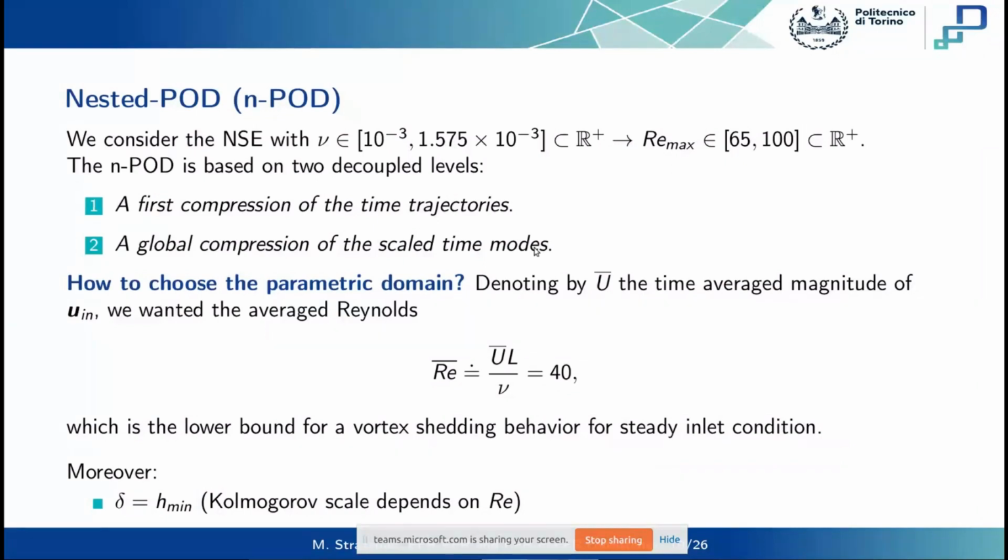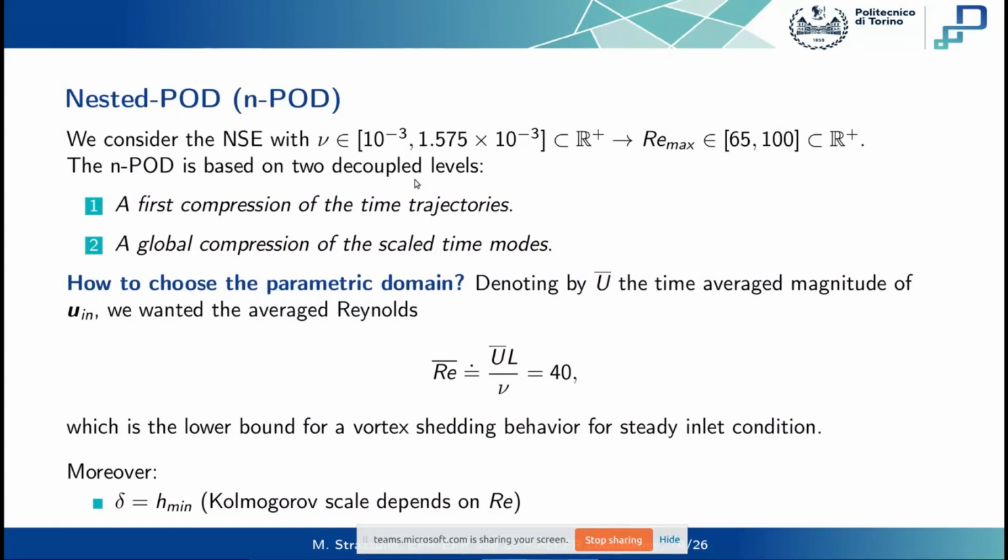We chose that focusing on the fact that we wanted the solutions for all the kinematic viscosities that we chose to have a behavior that oscillates. Because in experiment 3, we have seen that if you have laminar and vortex behavior together, you are not able to recover the problem.